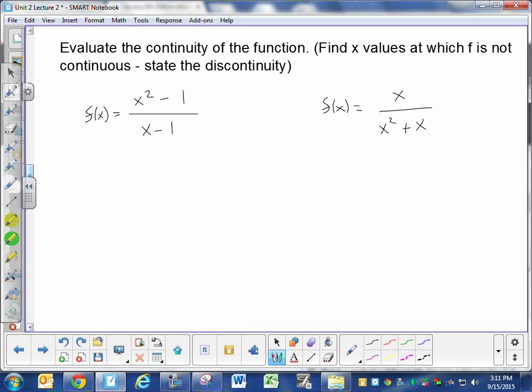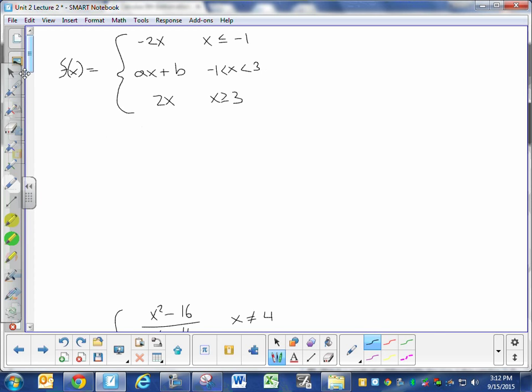Okay, so we have the first function here, f of x is equal to x squared minus 1 over x minus 1. Well, if we want to find the discontinuities, step 1 is to set the denominator equal to 0. If we know when the denominator is equal to 0, we will find where our discontinuity is.